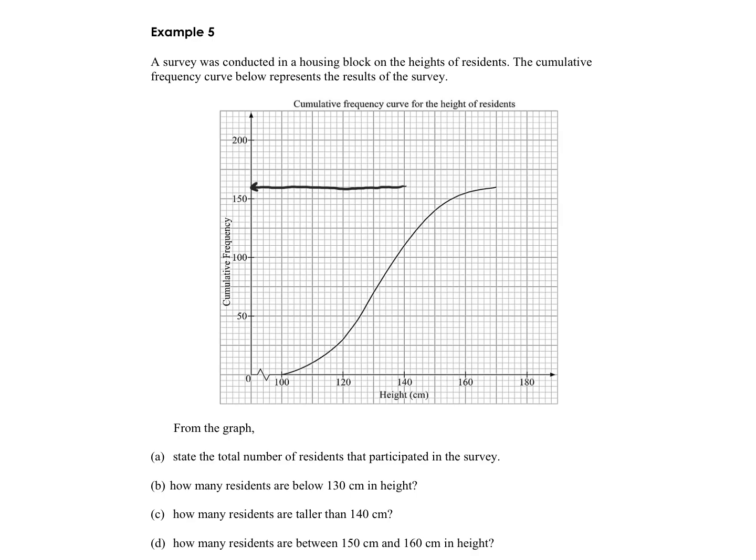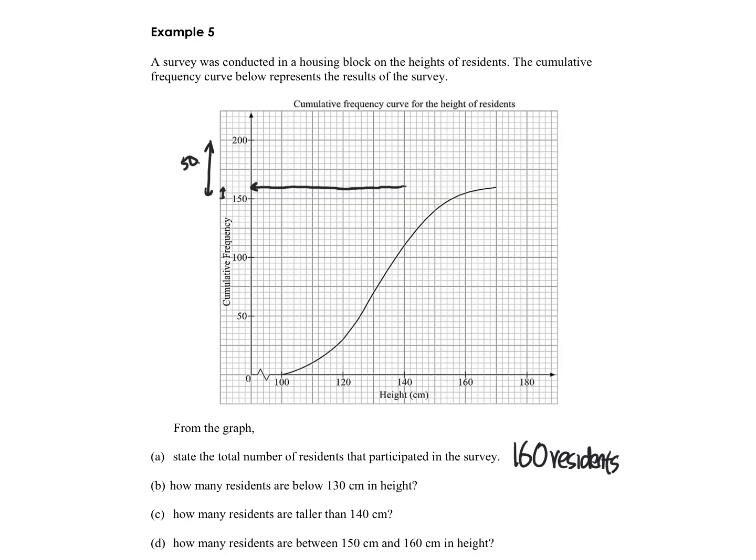Every 2 boxes is 10, so 150, 160, 170. So it's 160 residents. No, this one, because 10 boxes is 50, every 1 box is 5.